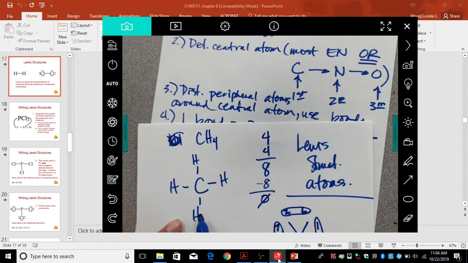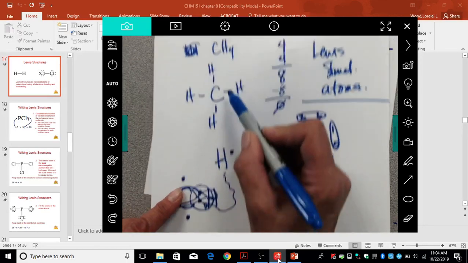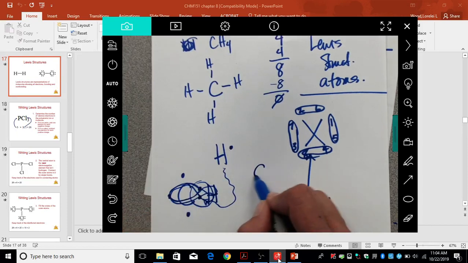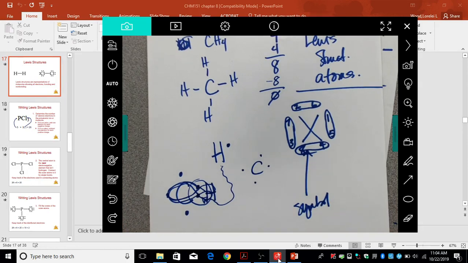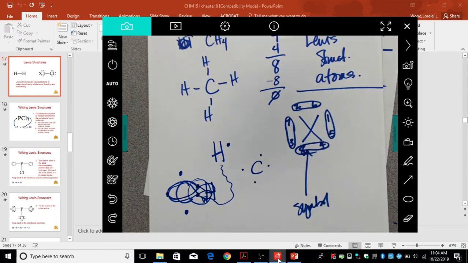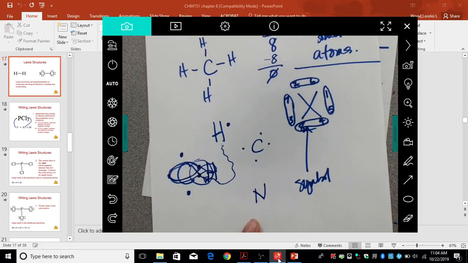So when you have a Lewis structure for an element, that means there's 2 electrons, one of which was donated by the hydrogen and one of which was donated by the carbon, because it has 4 opportunities to bond. Now, another word of caution. When you're looking at the individual Lewis structure of an atom, you can only bond where there are non-paired electrons. So if we look at carbon and we compare it to nitrogen's Lewis structure, how many valence electrons does nitrogen have?